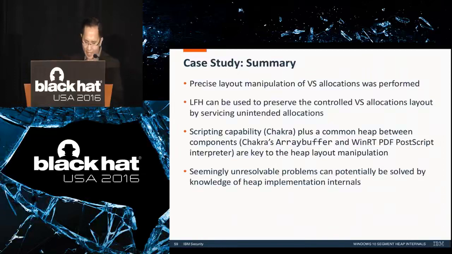The two main elements that allowed the precise heap layout manipulation in the case study were the scripting capability provided by the Chakra JavaScript engine and the common heap used by Chakra's array buffer and the WinRT-PDF PostScript interpreter. Finally, when developing proofs of concept, one might encounter issues that seem to be unresolvable, such as the target address corruption described in the case study. In cases such as those, understanding the internals of the heap implementation will sometimes provide the solution.